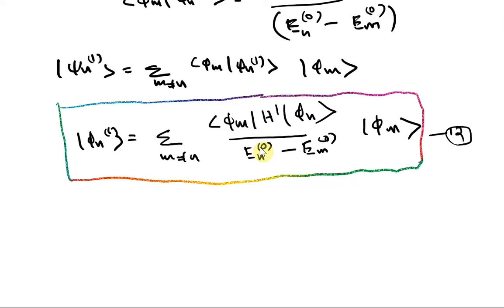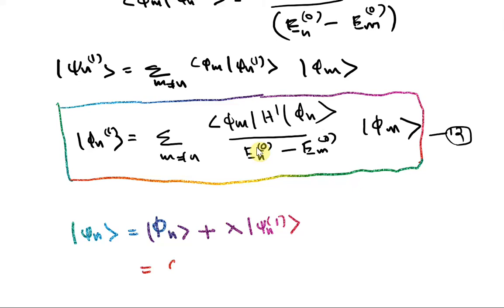But what about our corrected wave function? Corrected wave function psi n is nothing but phi n plus lambda into the first order correction, lambda into psi n1.